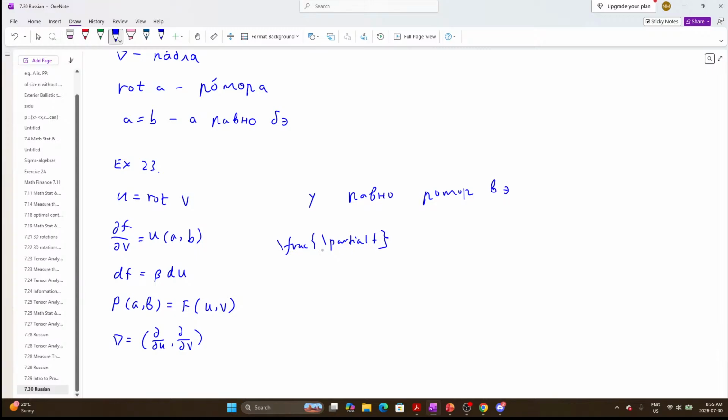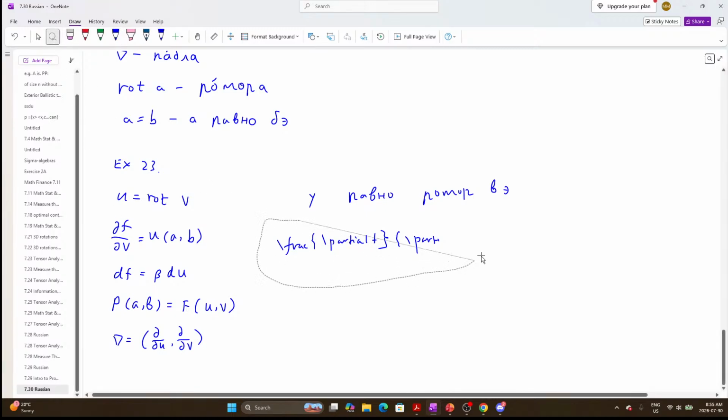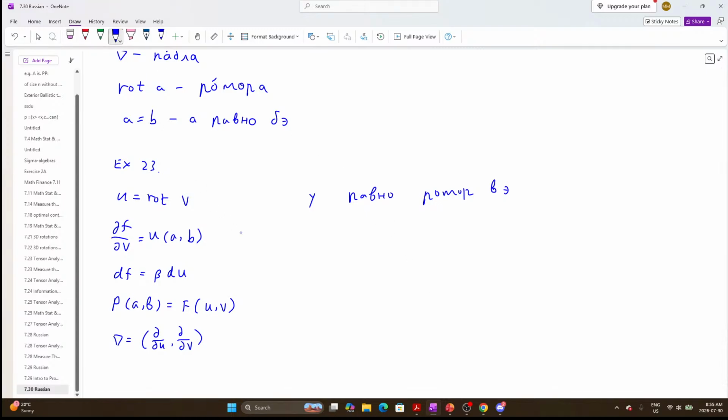Frac, curly bracket, partial f, partial v. I know people who pronounce it as partial f, partial v. I just never got used to it. Is it just dv over df over dv? Because remember, this is an actual font of the Russian de.